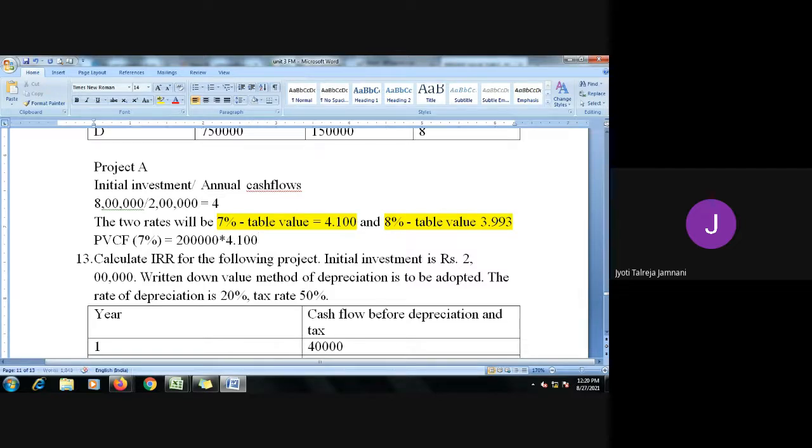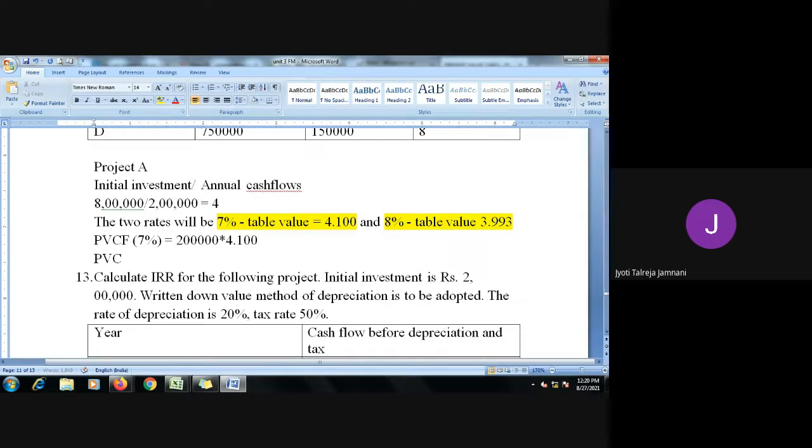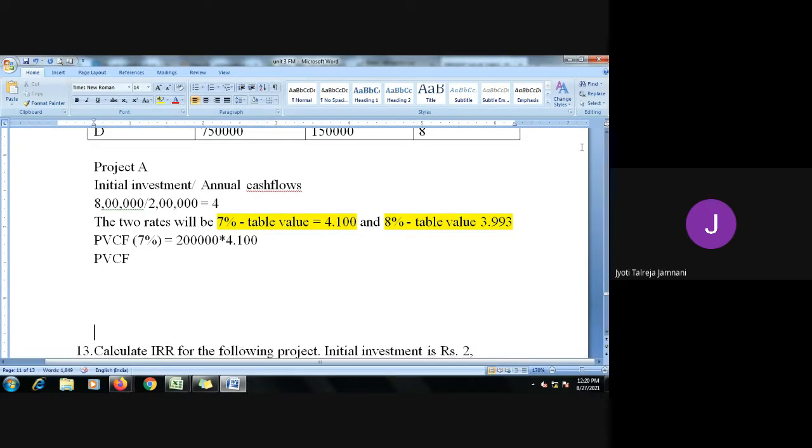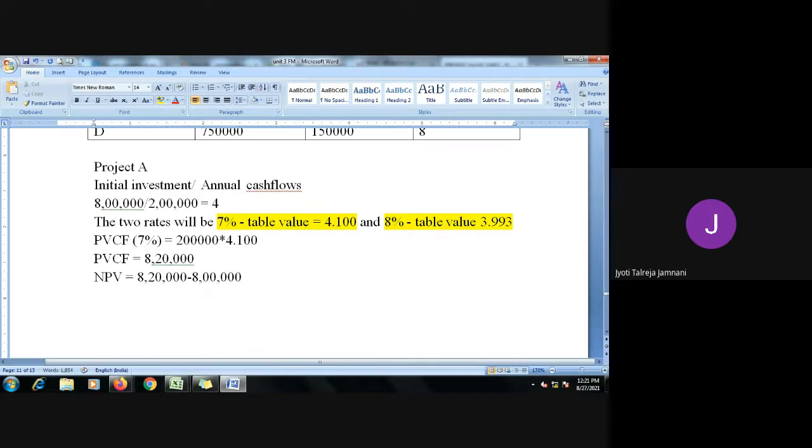So 2 lakh into 4.100, you get 8,20,000 present value of cash flows. Now we can find the NPV. NPV is equal to present value of cash flows 8,20,000 minus initial investment 8 lakh. So NPV is 20,000 at 7% rate.